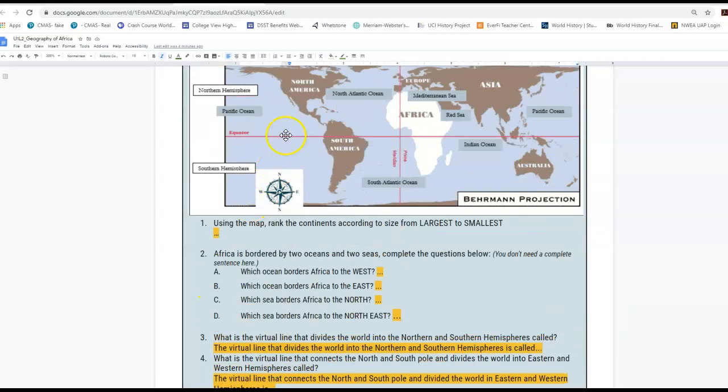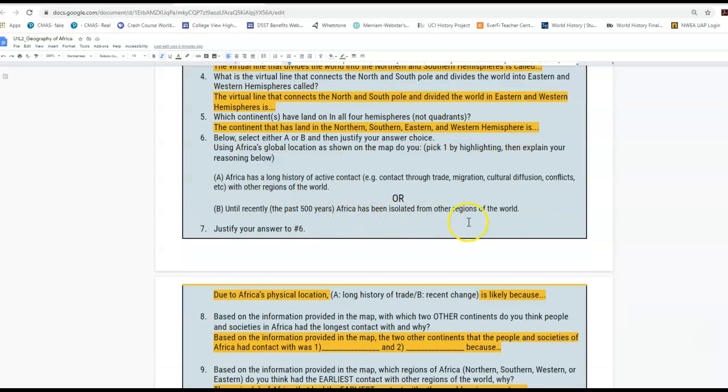So if I'm looking at this map, do I think that they traded a lot with other regions, or do I think that they stayed very isolated? So really look at that map, think about how close they are to other land masses, how far away they are from other land masses, what's the likelihood of trade with those regions, and you are deciding A or B. Once you've done that, you are going to justify your answer.